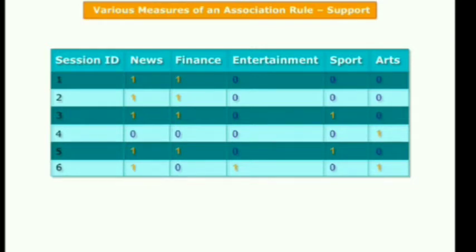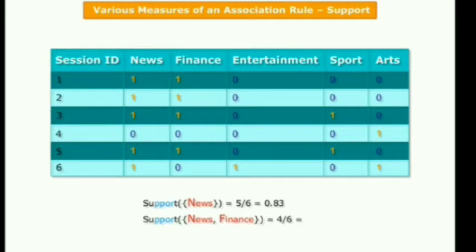Similarly, support of an item set news, finance is the co-occurrence of both news and finance in a transaction with respect to all the transactions. Support news is equal to 5 by 6, which is equal to 0.83. Support news, finance is equal to 4 by 6, which is equal to 0.67.